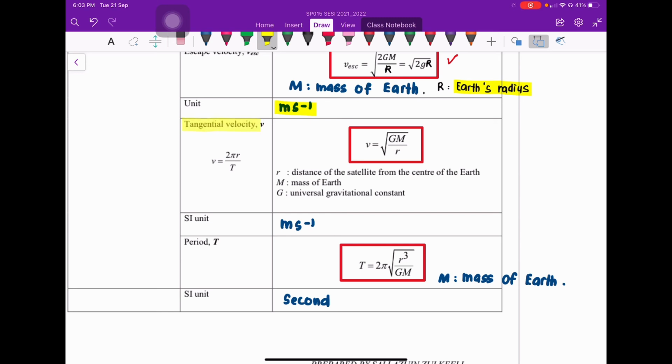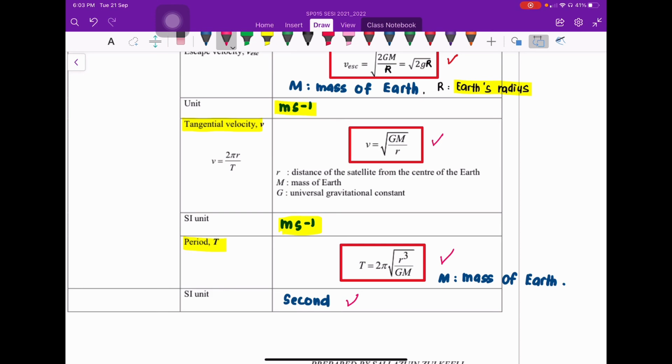For the linear velocity, the formula is, and the unit is meter per second. For the period T, the equation is, and the unit is second.